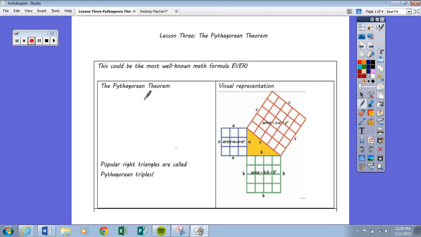So we're going to start by just writing out what the Pythagorean theorem is, and then I'll talk through this a little bit. So a squared plus b squared equals c squared.